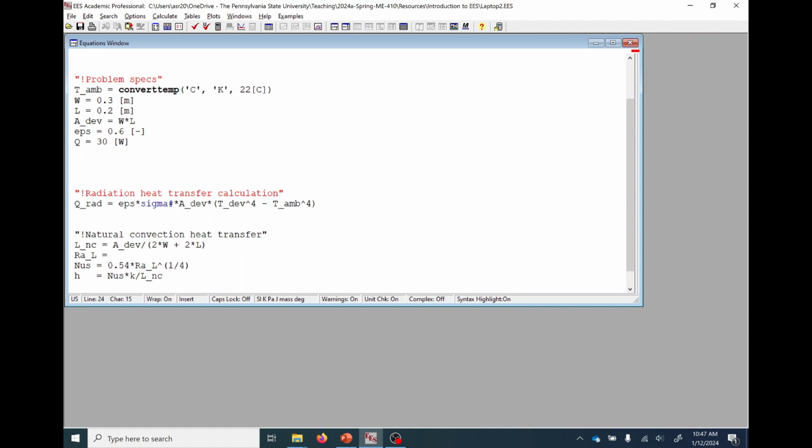is defined as follows. It's equal to the acceleration of gravity, so that's g, or we can use the built-in EES constant g hash, which gives us 9.81 meters per second squared, times a property called beta, which is the volumetric expansion coefficient.